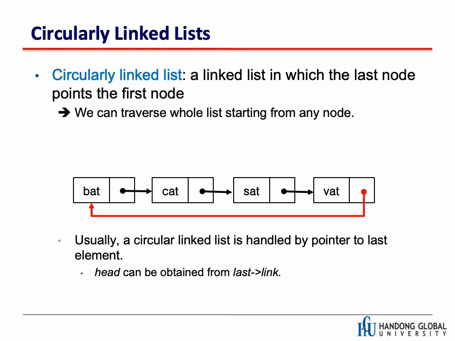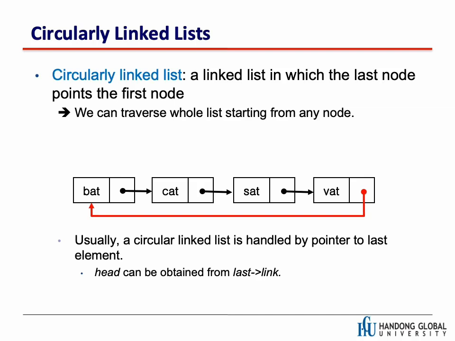But there's no difference between the bat and vet because this is not an array. In the memory space, we don't know which one is where. It's just logical. As long as it is a logical connection, nobody can say which one is the first node.